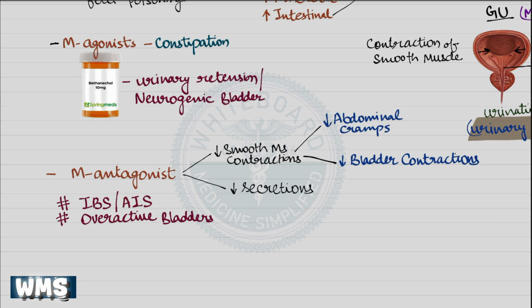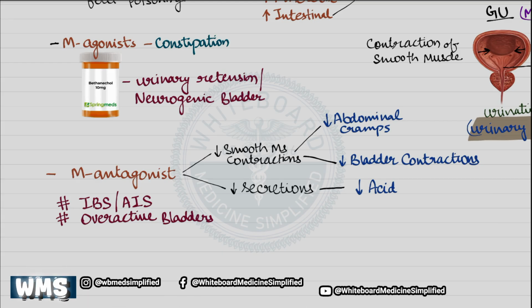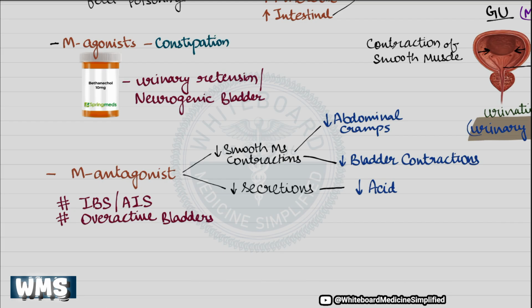Similarly, at the gastric level, blocking muscarinic receptors reduces acid secretion. Although today we prefer proton pump inhibitors and H2 blockers for peptic ulcer disease because they are more targeted and effective. Just like muscarinic stimulation is generally non-selective, muscarinic blockade is also usually non-selective.